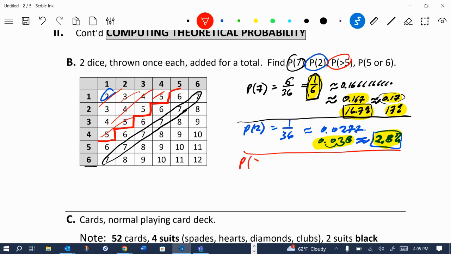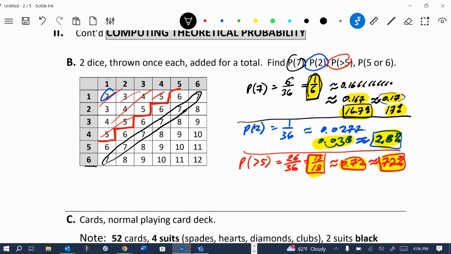The probability of greater than 5 is equal to 26 of them over 36 of them, which would be 13 over 18, which would be an approximate 0.72 or 72%. And so that was really just a matter of adding up all the possible ones that were shown where it was 6 or above.